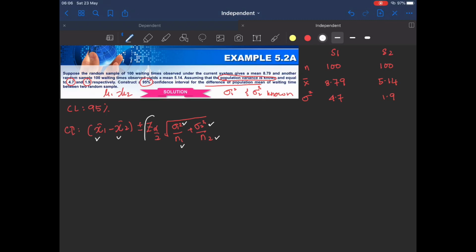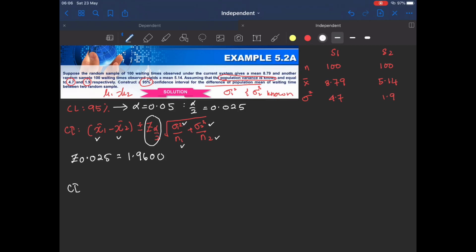We have to find what z alpha over 2 is. From the confidence level, alpha is 0.05, so alpha over 2 is 0.025. Z 0.025 is equal to 1.9600.